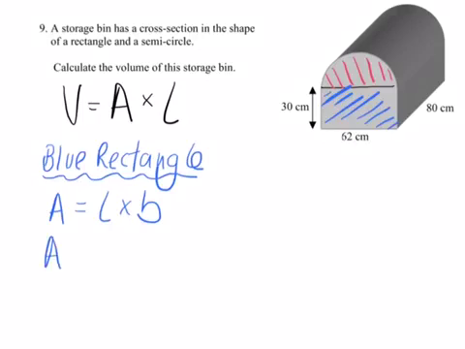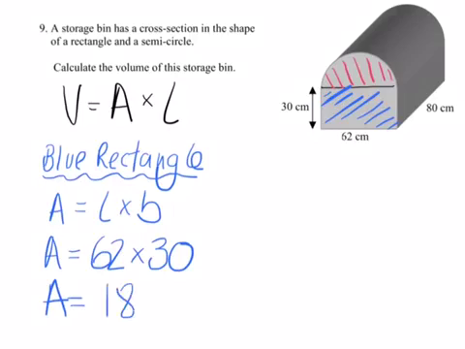Substituting in the length and the breadth, the length is 62, the breadth is 30. So that's 62 multiplied by 30. If we use a calculator, then we get the area of the rectangle, which is 1,860 square centimetres.